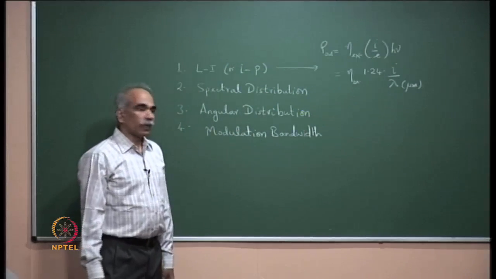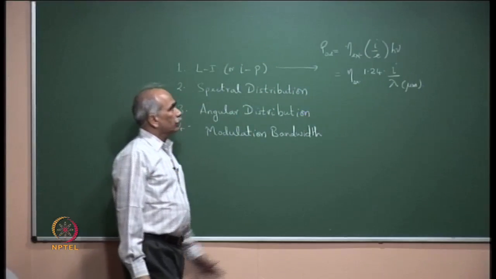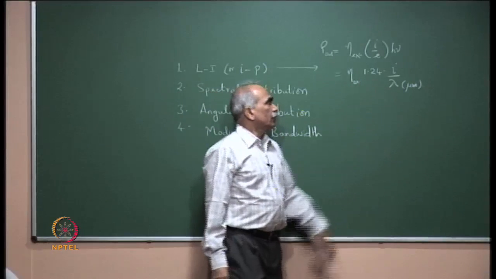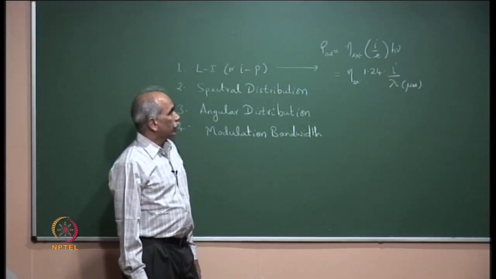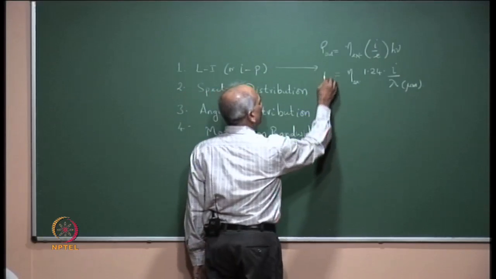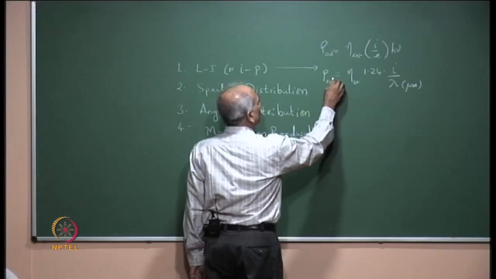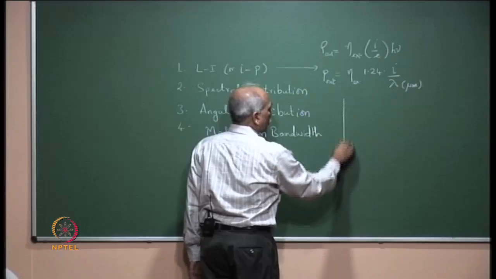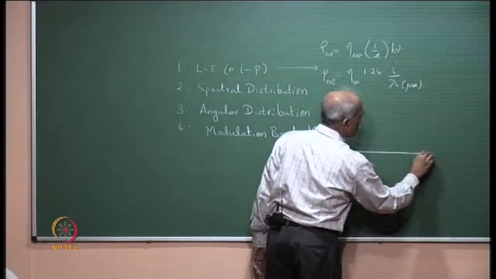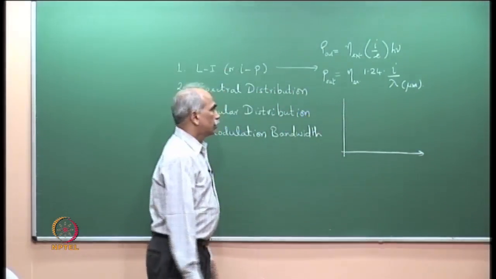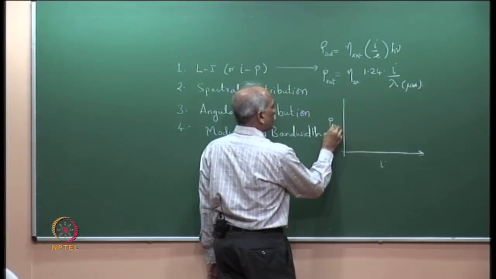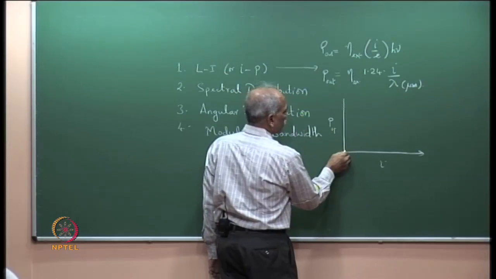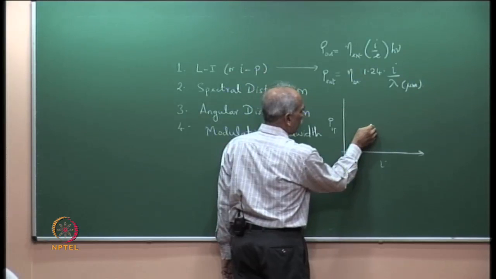I is the current and P is the optical power, which means the optical power is proportional to the current. So if you plot I versus P optical, we are expected to get a linear curve.